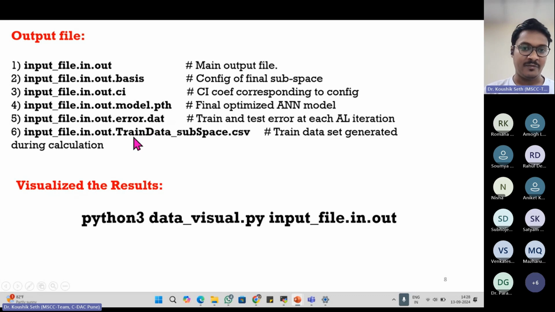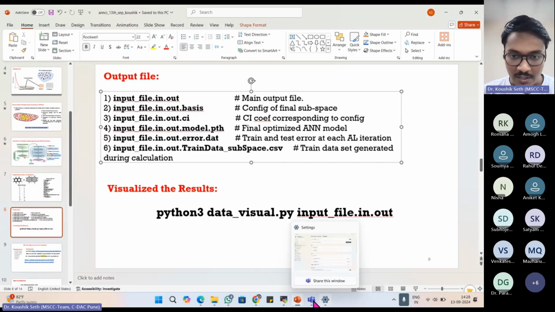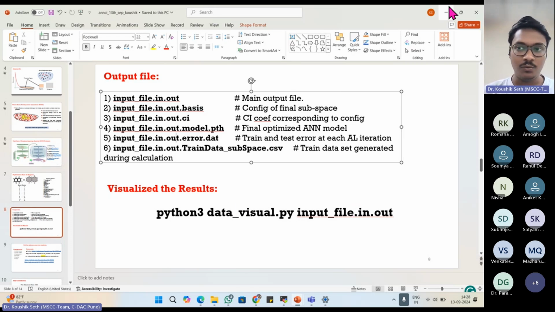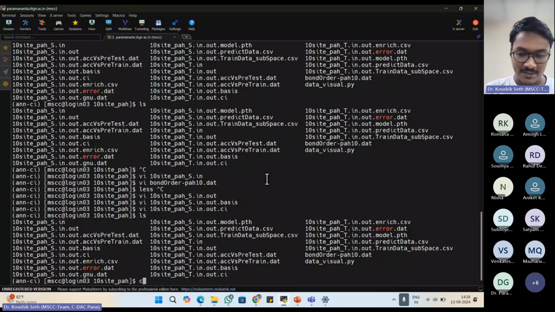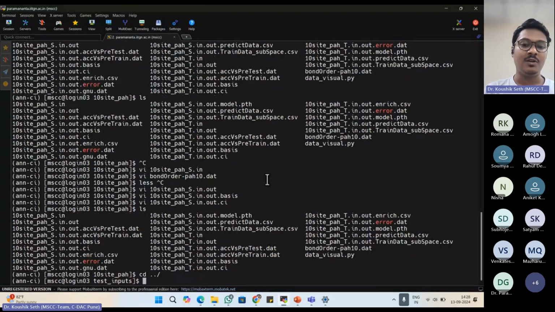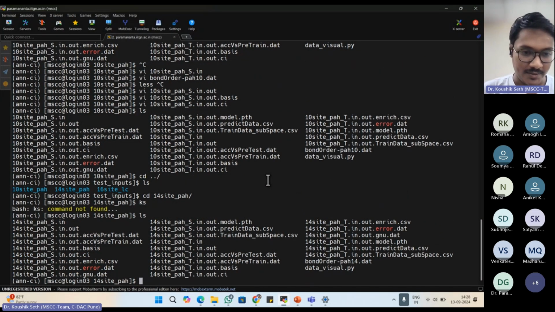There is also an error file, and we also have a subspace file where all the training subspaces are given. I'm not going into the details of this part. I just want to quickly show what we can see if we visualize those data. For that, I will move to another file, give me a second. Don't try to follow anything right up to this point, because Rahul will show the exact steps for how to do all of this.